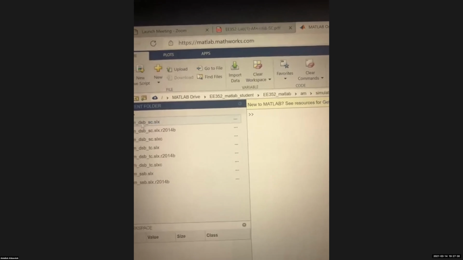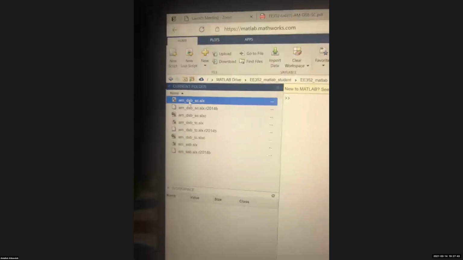Now here you need to find the file AMDSB, the first one. Click on it and then wait. It will automatically pop up with windows: the Spectrum Analyzer and the time scope window.